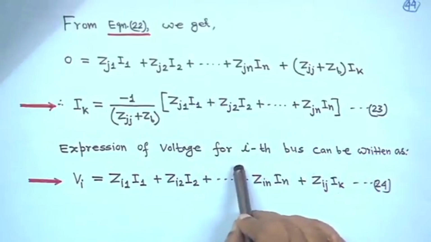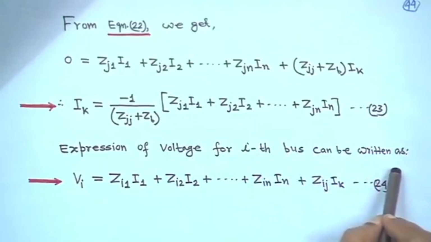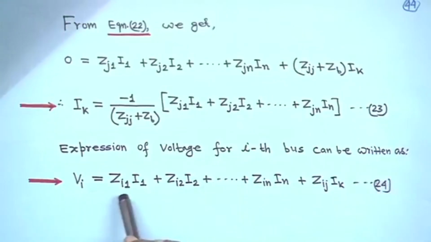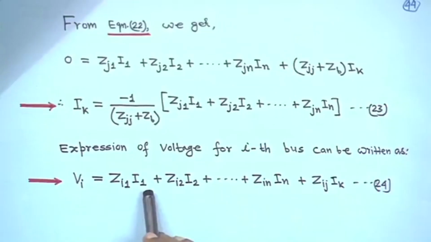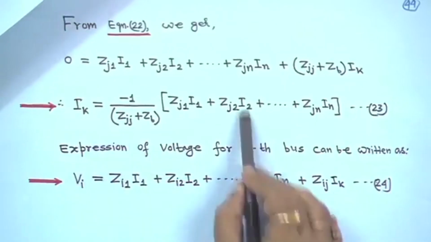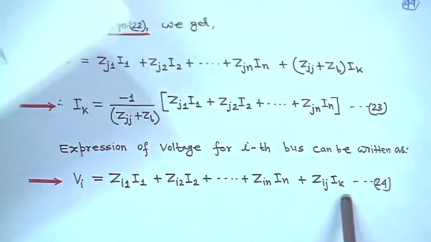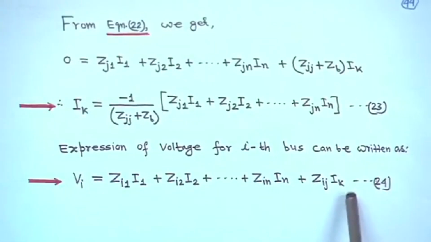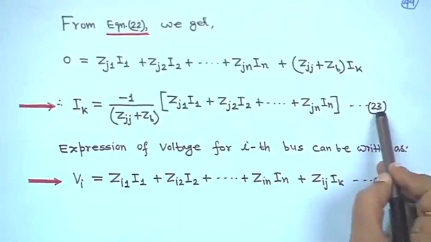The expression of voltage for the ith bus can be written as Vi is equal to Zi1 I1 plus Zi2 I2 up to Zij Ik, right. In this expression you substitute Ik from equations 24 and 23.